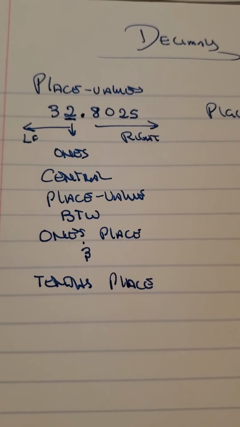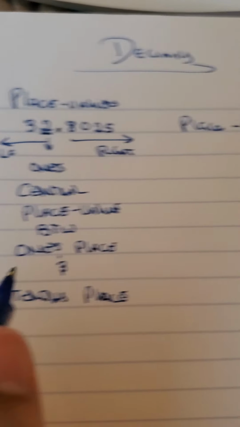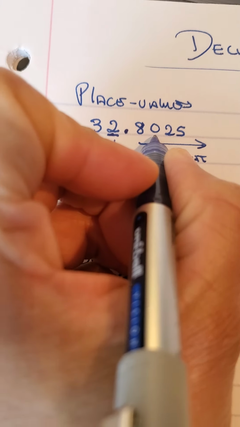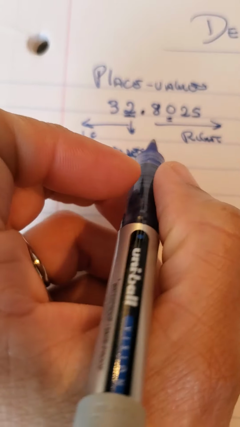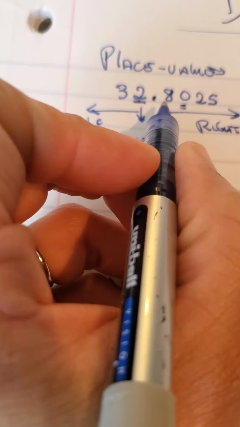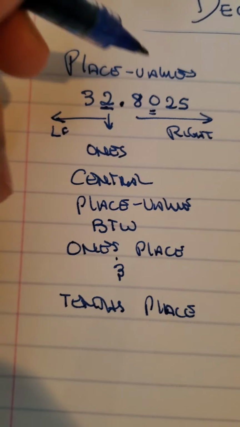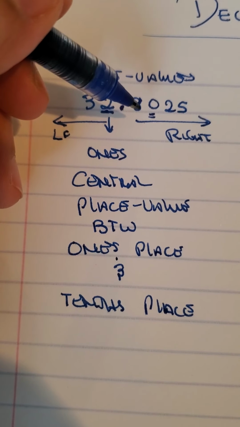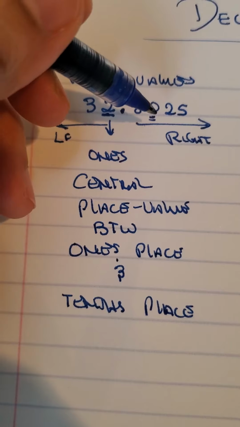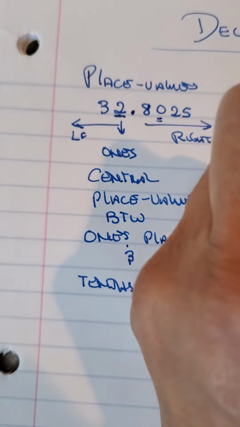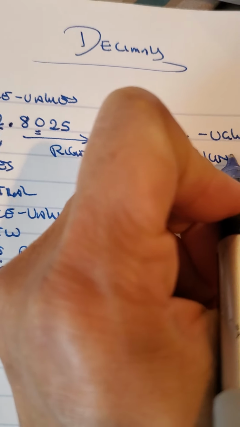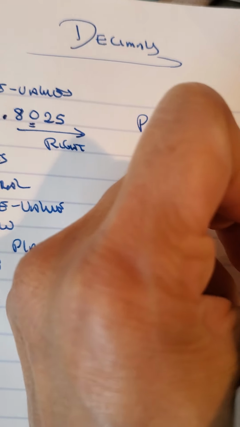So I'm going to ask for the place value of the digit 0. When I look at 0, it's in the hundredths place, because my first place value after the point going right, no, it's not your eyes, it's my video focus, is the tenths. So 8 is in the tenths spot, and 0 is in the hundredths spot.